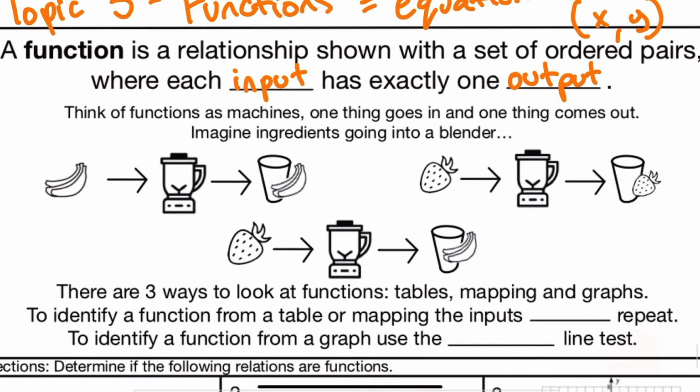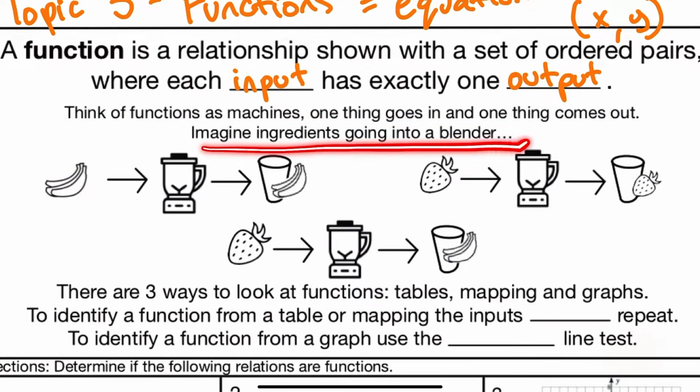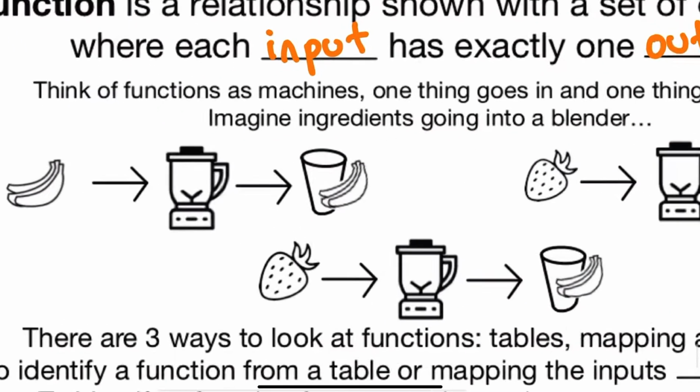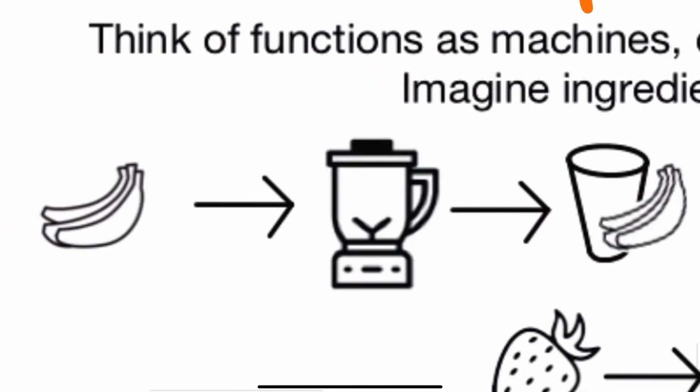So think of functions as machines. One thing goes in and one thing comes out, right? Imagine ingredients going into a blender. Okay, thinking about blenders. Blenders only blend, right? Blenders just do one job. That blender is going to be our equation, okay?